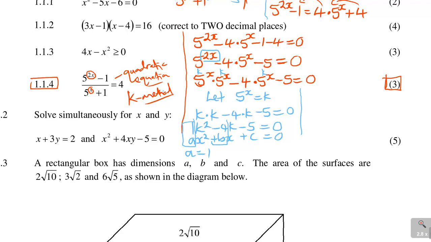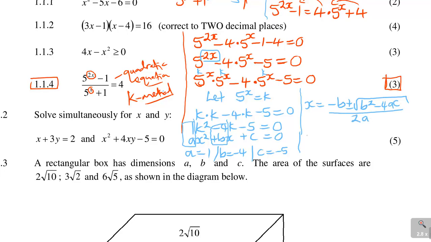You see, the k is representing x now. My b is negative 4. And what's my c? My c is negative 5. So you've got that quadratic equation formula: x is equal to minus b plus or minus the square root of b squared minus 4ac, all over 2a.